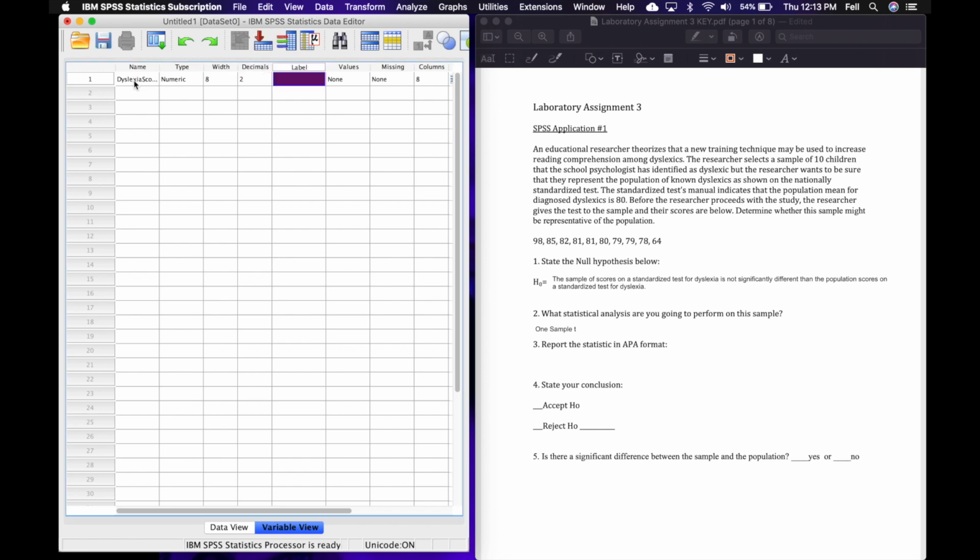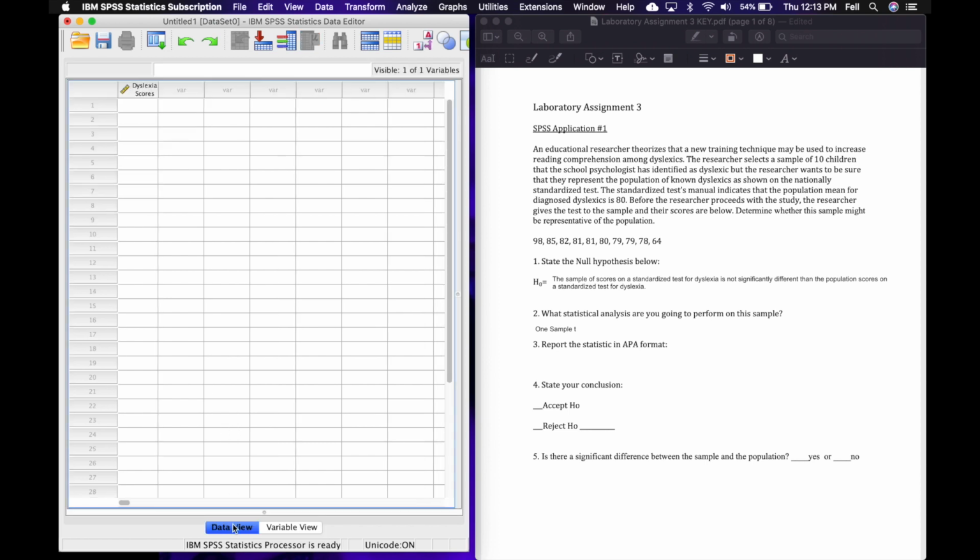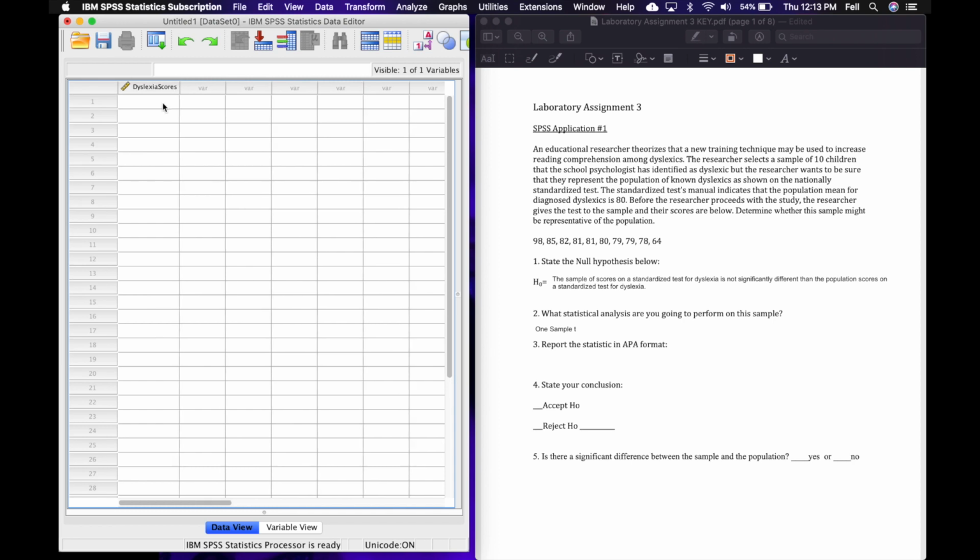And then I think I'm going to label it DS for dyslexia scores. And since all the data are whole numbers, I'm going to just change the number of digits after the decimal to 0. And then I'm going to come back over to my data view, pull this out a little bit. And then I'm going to go ahead and enter in these 10 scores right here.